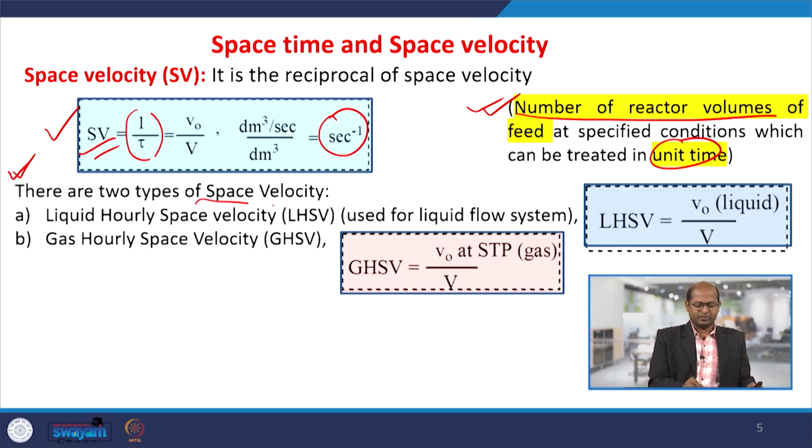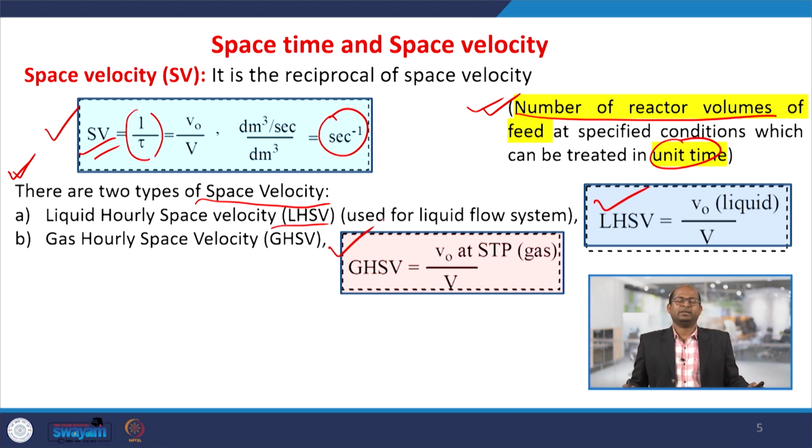Here we can express the space velocity in terms of, as we said, any reaction that may be either a gas phase reaction or a liquid phase reaction. If it is a liquid phase reaction, then we have the liquid hourly space velocity. So, we can write the liquid flow rate, and if you know the volume of that particular reactor, that way we can find out the liquid hourly space velocity.